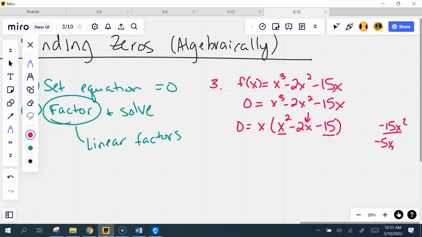Negative 5x and 3x. It's negative because it has to add to negative 2. All right, so I've got x squared. I'm going to rewrite this middle as minus 5x plus 3x minus 15.